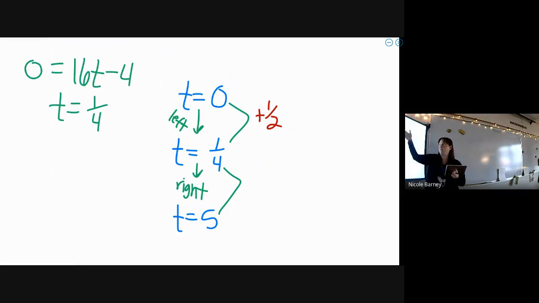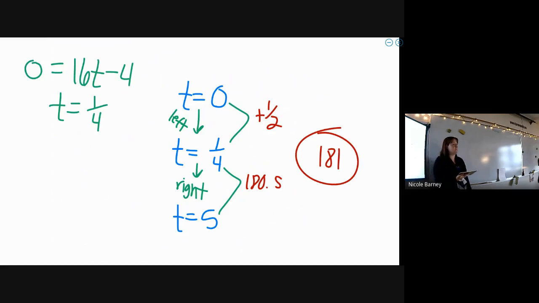So we just went 1/2. From 0 to negative 1/2 is 1/2. Now I'm at negative 1/2 and I go to 180. How far did I go? 180 and a half, right? And then I add those two together. So I went a total of 181. Does that make sense?